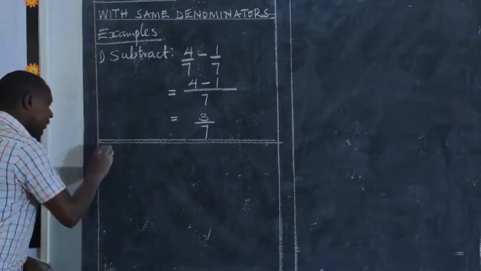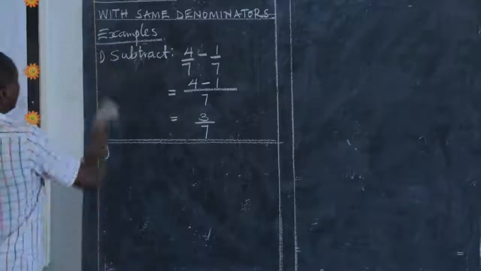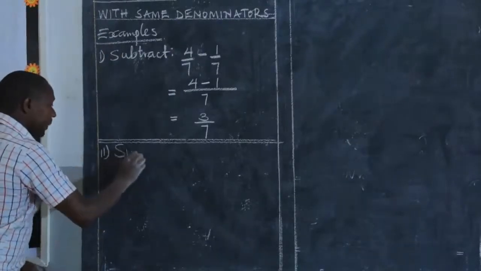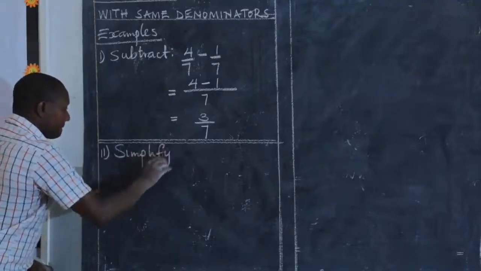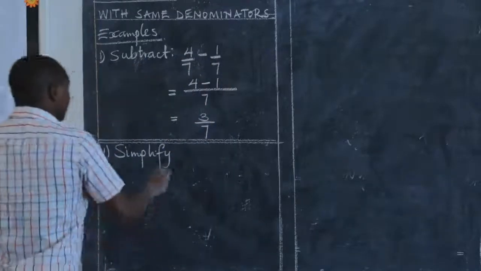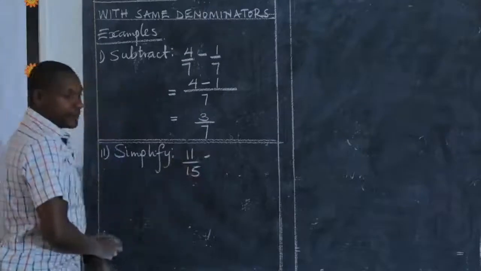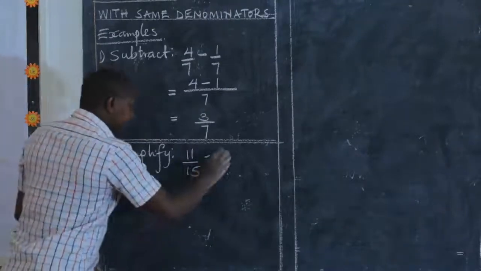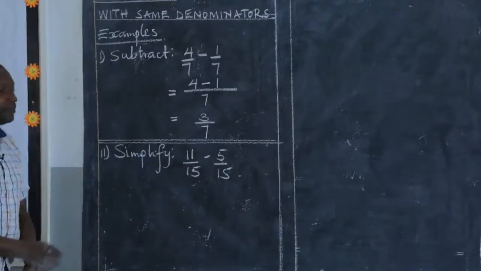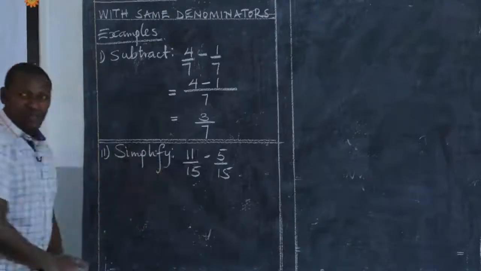If we can have another example, terms of subtraction of fraction the same denominator, we can have simplify. 11/15 minus 5/15. But these are simple things we can have, even if after this one I stop there.